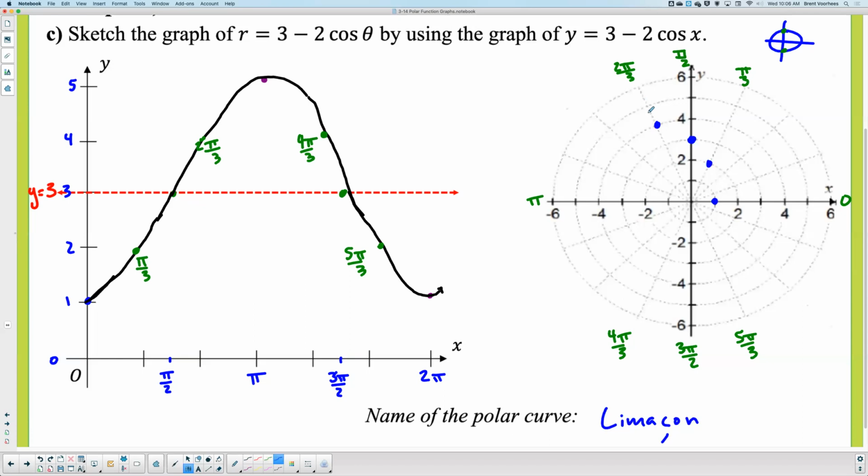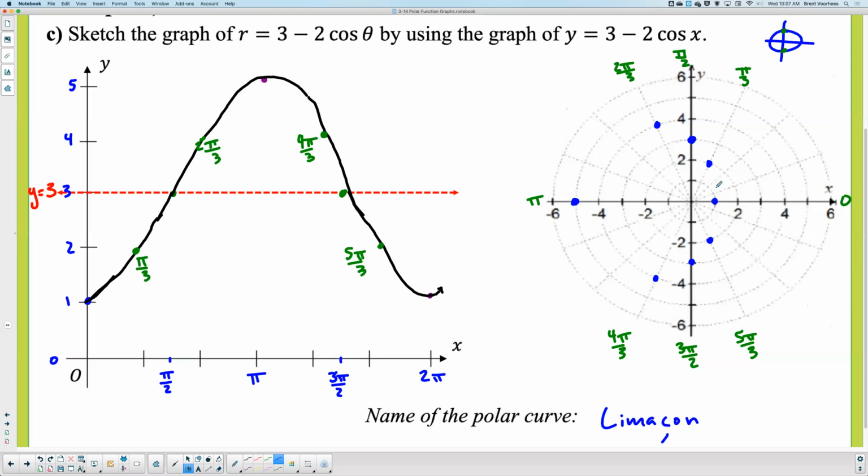At pi, you go to 5. 5th circle. At 4 pi over 3, 4th circle. 3 pi over 2 is 3. 5 pi over 3 is 2. And then 2 pi would be 1.